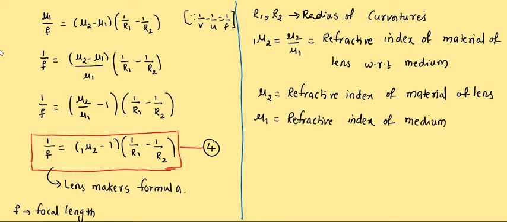Okay? For example, we can also write the equation like this: 1 by f is equal to, we write 1 as medium, 2 as lens, minus 1 into 1 by r1 minus 1 by r2.